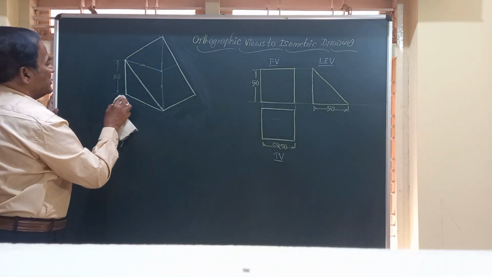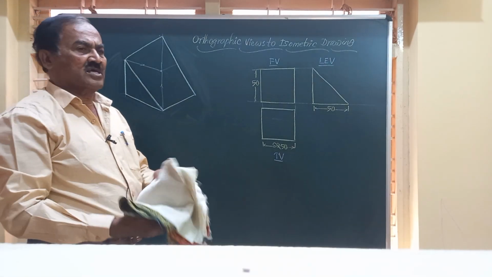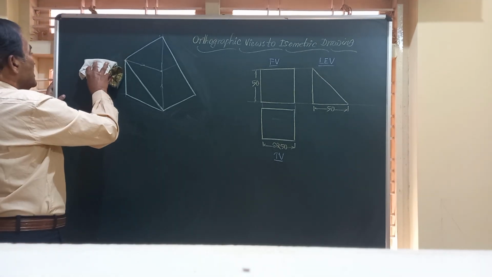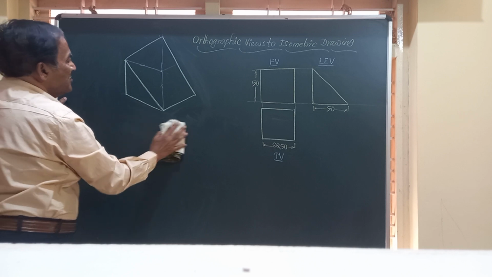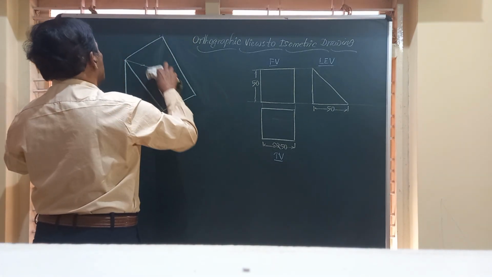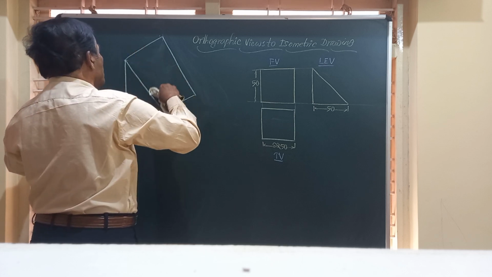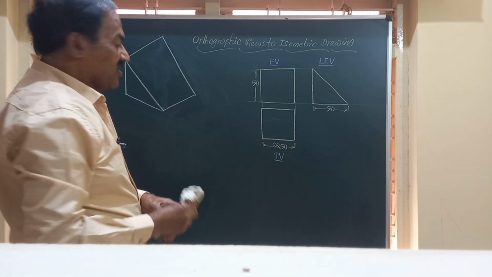I will remove these dimensions because in orthographic projections or in isometric projections or isometric drawing, we do not show any of the dimensions, we do not show any of the hidden lines, etc. So after removing all these, friends, I will show you how the object looks. And friends, this is how it will look.